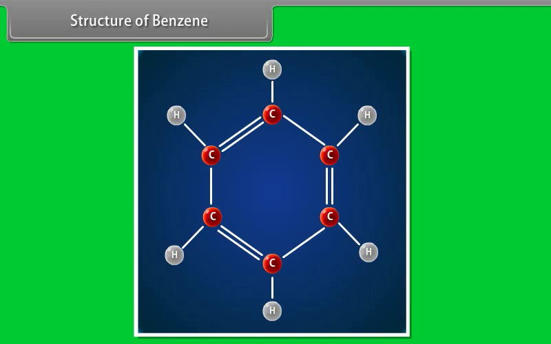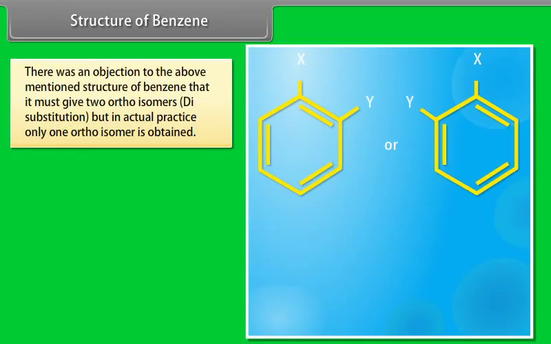There are 3 alternate double bonds between 2 C atoms to complete the 4th vacancy of carbon. There was an objection to this structure of benzene that it must give 2 ortho isomers on disubstitution, but in actual practice, only one ortho isomer is obtained.